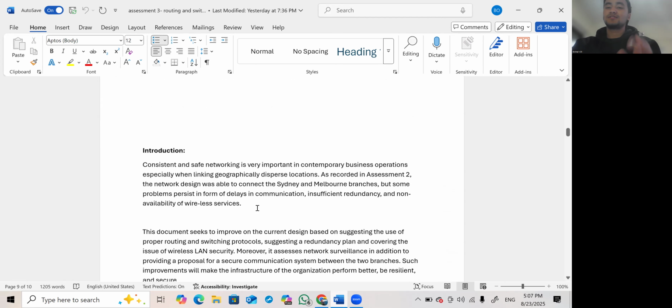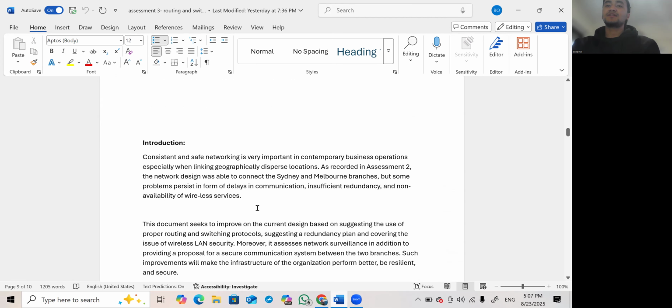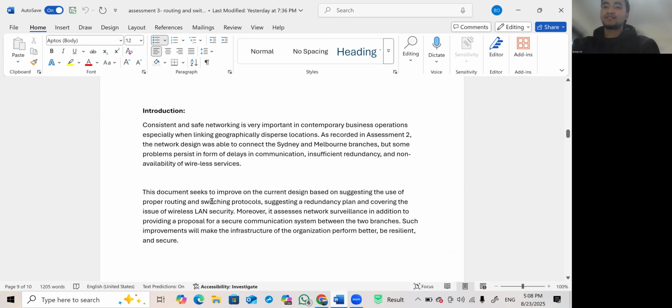If I start with the introduction, consistent and safe networking is very important in contemporary business operations, especially when linking geographically diverse locations. As recorded in assessment two, the network designer was able to connect the Sydney and Melbourne branches, but some problems persist in the form of delays in communication, insufficient redundancy, and non-availability of wireless services.